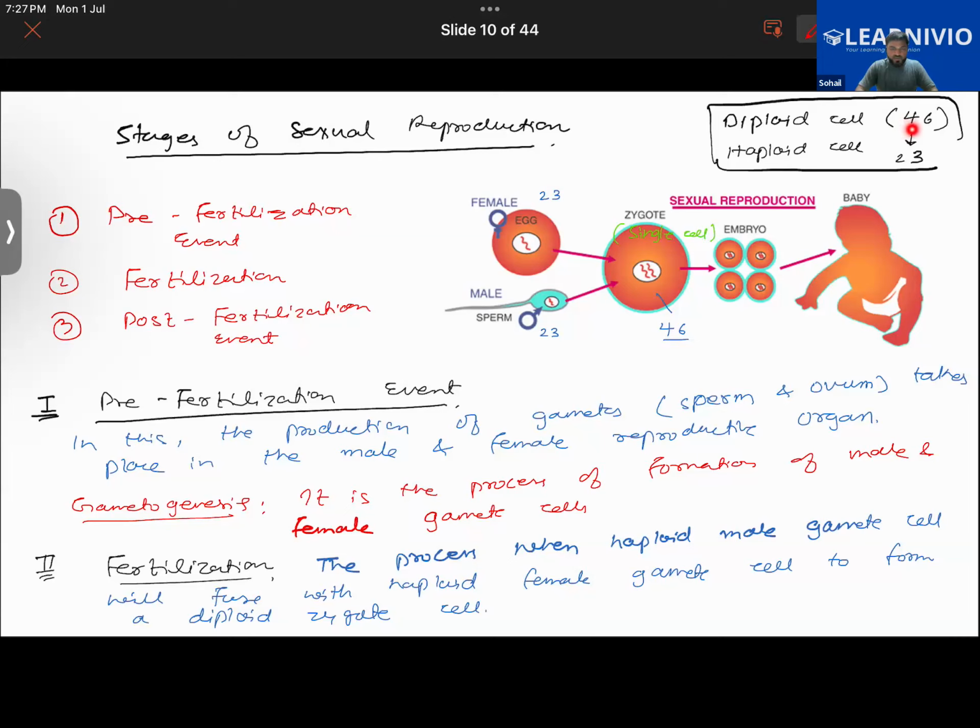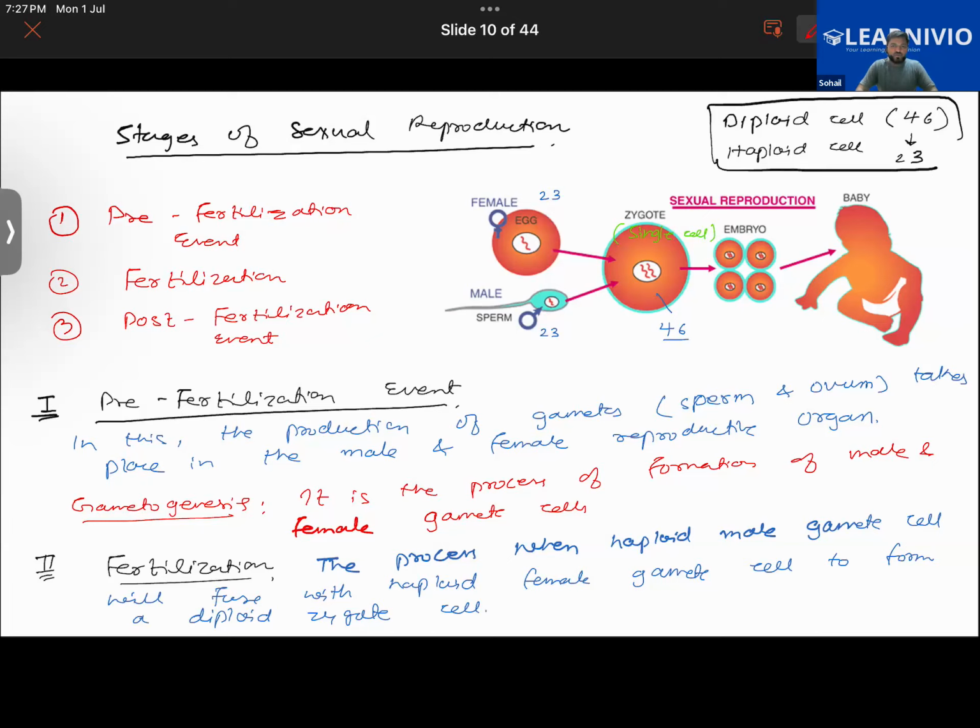So any cell in our body has 46, except for the sperm and the ovum cells, sperm in the male and ovum in the female. Since the number of chromosomes is 46, they are called diploid cells. But in the case of sperm and ovum, the number of chromosomes is halved. It is 23 and 23, so they are called haploid cells. Getting it? Yes, sir.